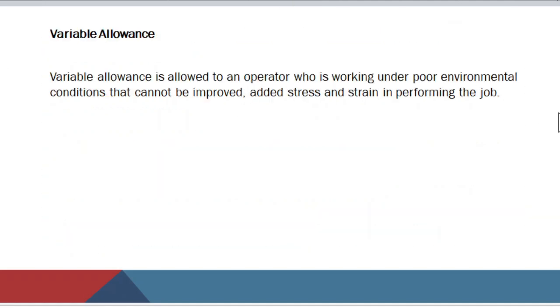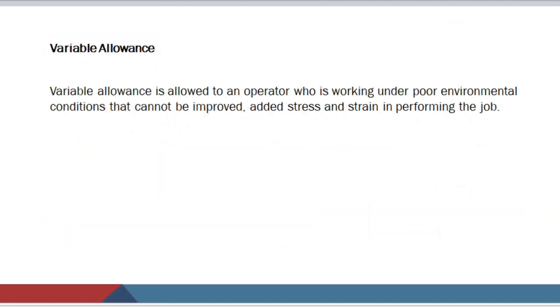The next type is the variable allowance. Variable allowance is allowed to an operator who is working under poor environmental conditions that cannot be improved, so there is added stress and strain in performing the job.